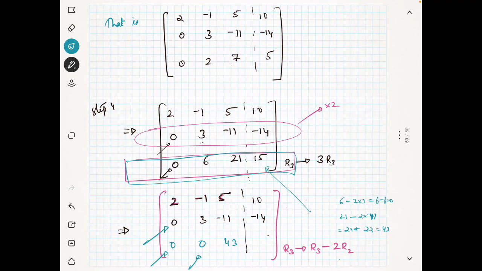You can see here, this is not 15 minus 14, this is 15 minus 2 into minus 14, right? So this is nothing but 15 plus 28, which is nothing but 43, right? Again 43. So I will get here 43.